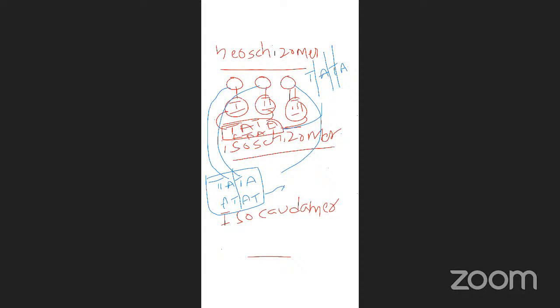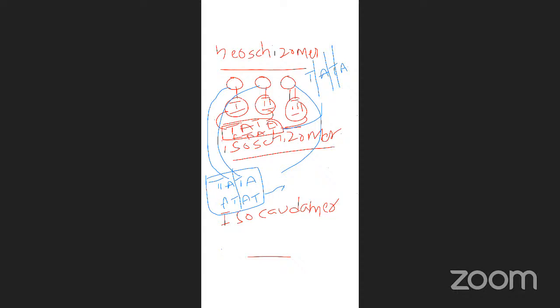Okay, sir, recognition site of the neoschizomer and of the isoschizomer same. But what happened? Neoschizomer cleavage different. But in isoschizomer, iso means same.